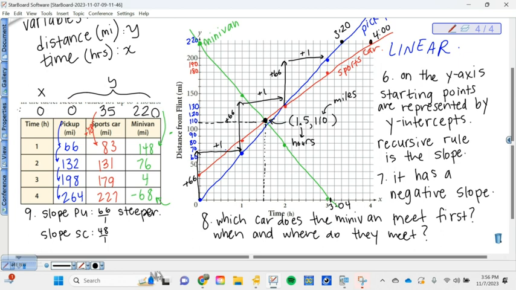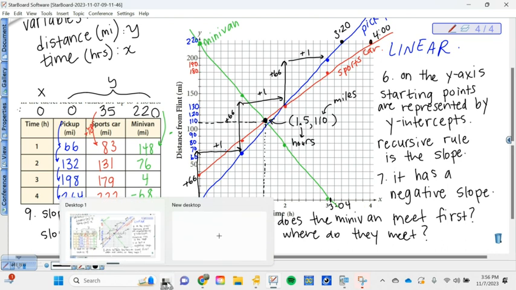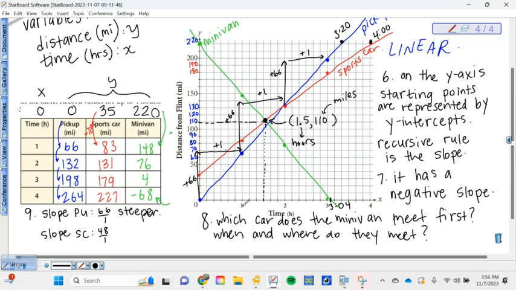And then number 11 asks, what assumptions are we making about this? That they have a constant speed. Is that realistic? No. When you go for a road trip, you're very rarely going to go the same exact speed the entire time, right?